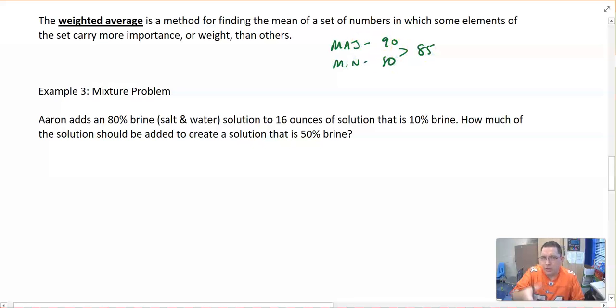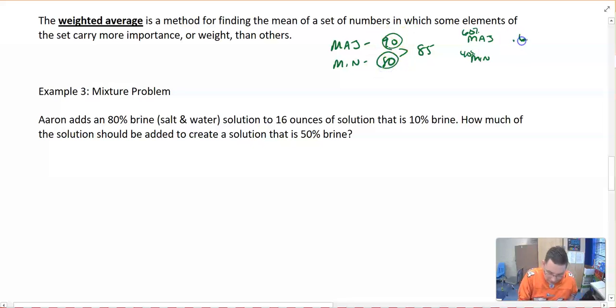But in the 2020-2021 school year, that changed. Your major grades are now 60% and your minor grades are now 40%. And so when we do these weighted averages, we have to multiply the value by this percent.